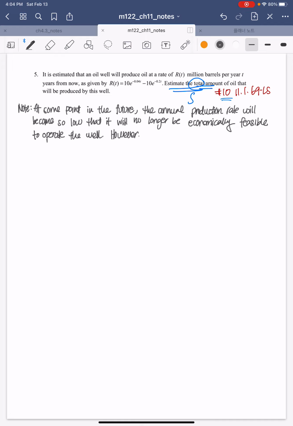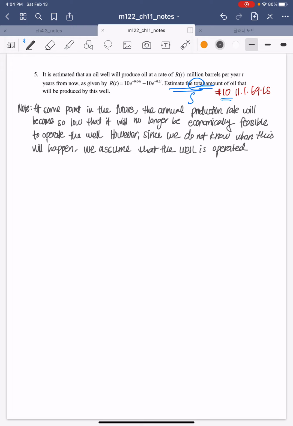However, since we do not know when this will happen, we will assume that the well is operated indefinitely. So we use an improper integral.